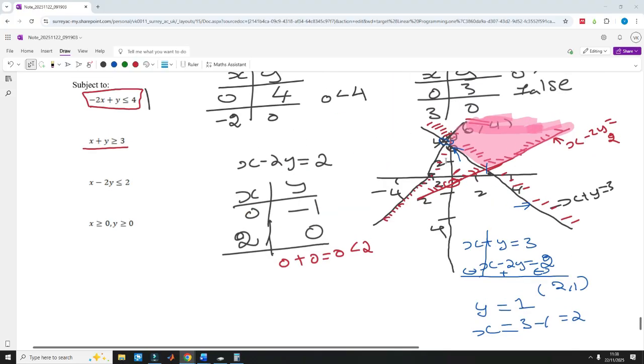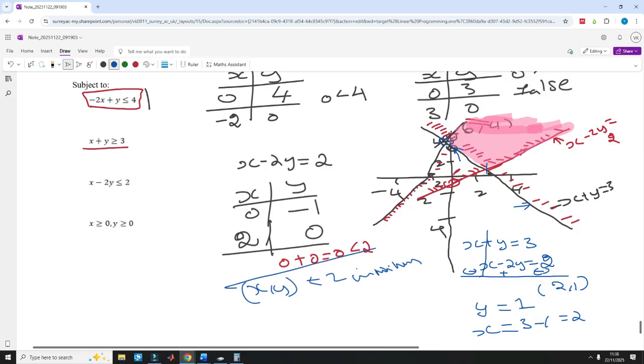Yeah. So from here you can pick the corner points, identify the corner points within this feasible region, and then based on the corner points, calculate the z value, and identify the point x comma y where your cost function z is minimum.